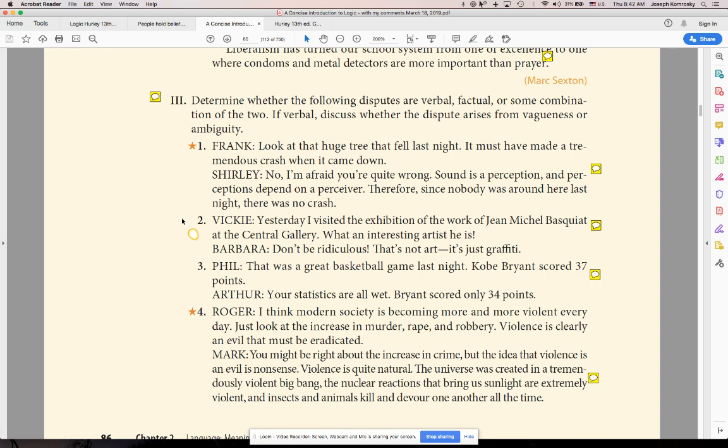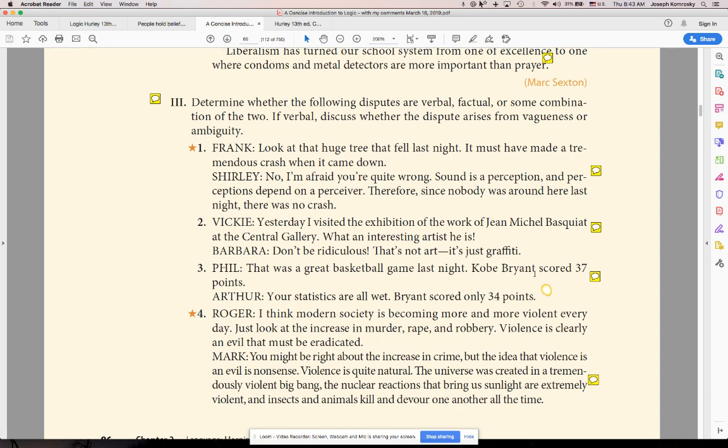And if you define factual just as a disagreement about facts, it turns out that number 3 is just a factual dispute. He either scored 37 or 34. Very straightforward information. You just look at the game or the aftermath of the game, and you figure it out. He either scored one or the other. It's not both at the same time, okay? So it's a factual dispute.